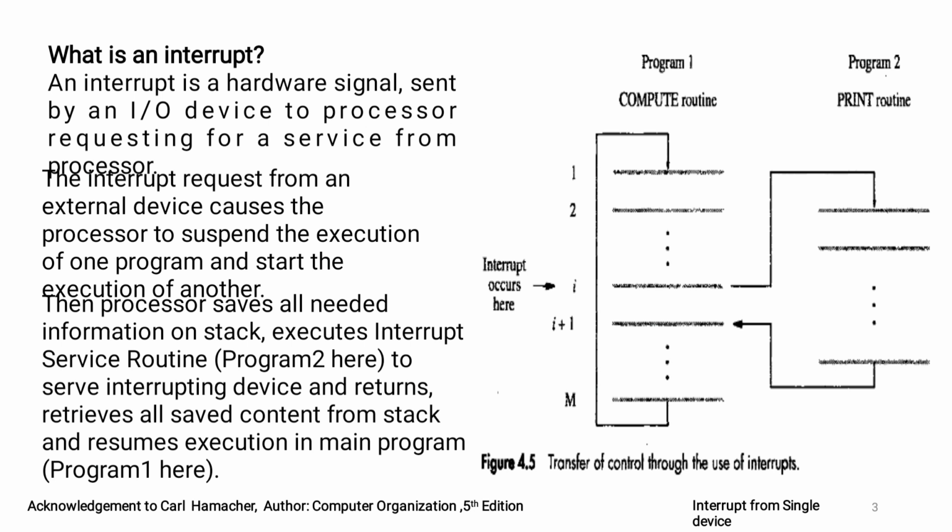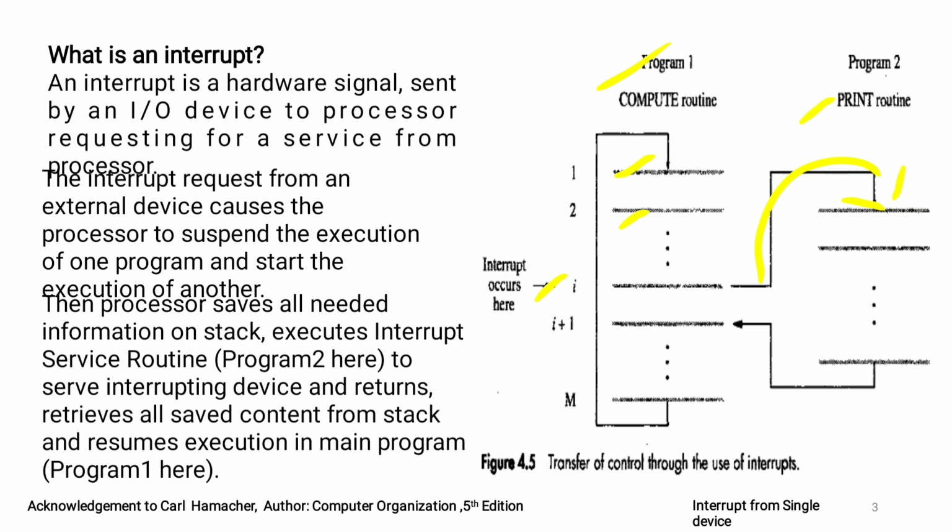serve that requesting device. Here we can see program 1 is the compute routine, that means the processor is busy with some computing related instructions. At this instruction, say I, the interrupt from the printer occurs. Then the processor suspends the execution of program 1 and starts executing a special set of instructions meant for serving the printer, called the print routine here.